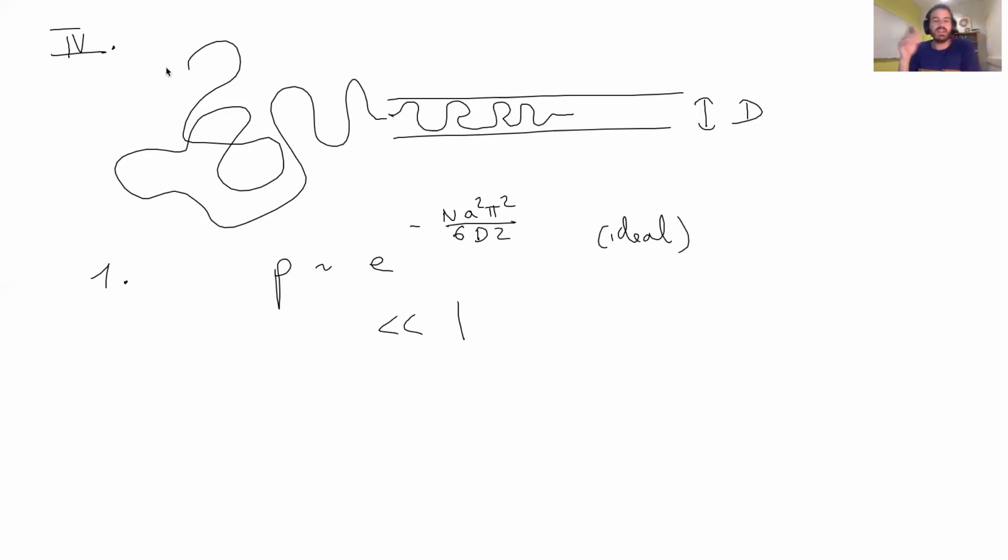Therefore, it's very unlikely that if you take the DNA of a virus and you put it near a door, it will go inside spontaneously. It's very unlikely because of entropy. The chain doesn't like to be confined. It has a strong penalty if you think about the probability here. Okay, so the only way you can do that is by either adding a force, a pressure difference.